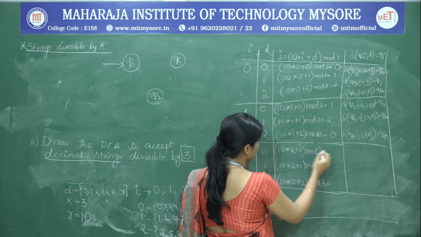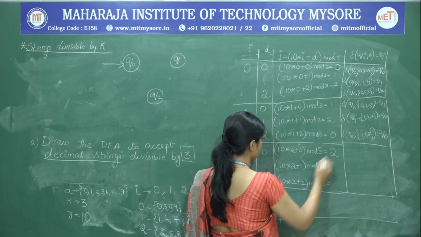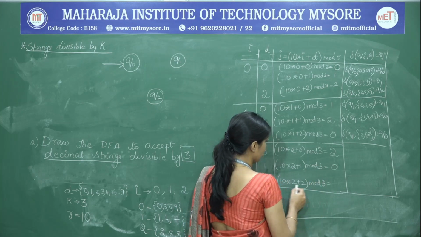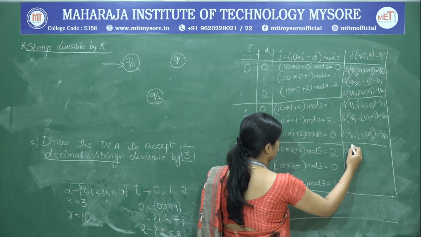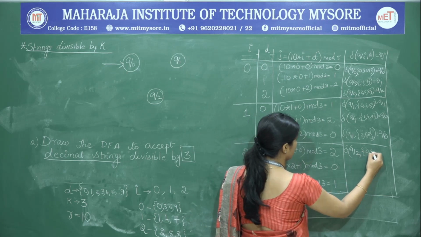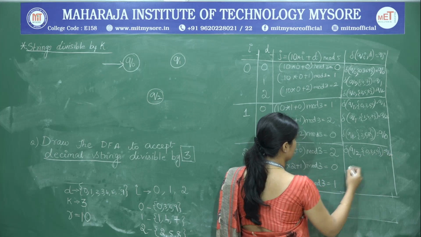So this is nothing but 20 mod 3, which is 2. Next we have 21 mod 3, which is 0. Next we have 22 mod 3, which is 1. So delta of q2 on 0, 3, 6 and 9 is equal to q2.